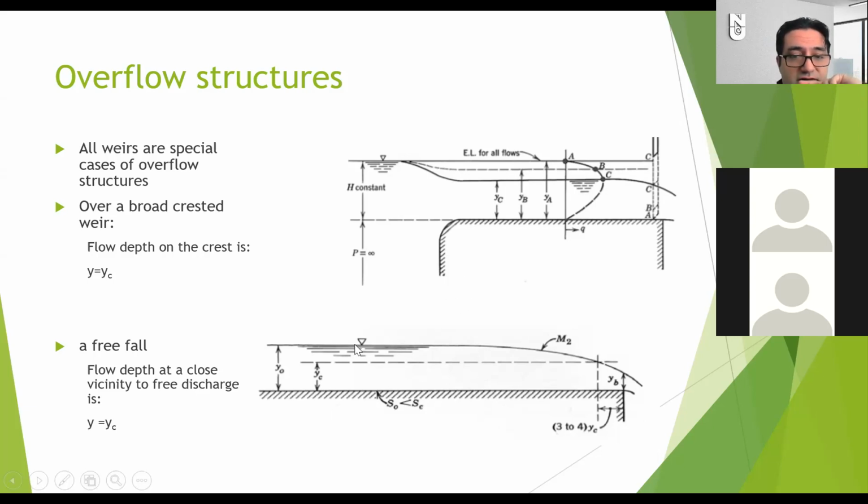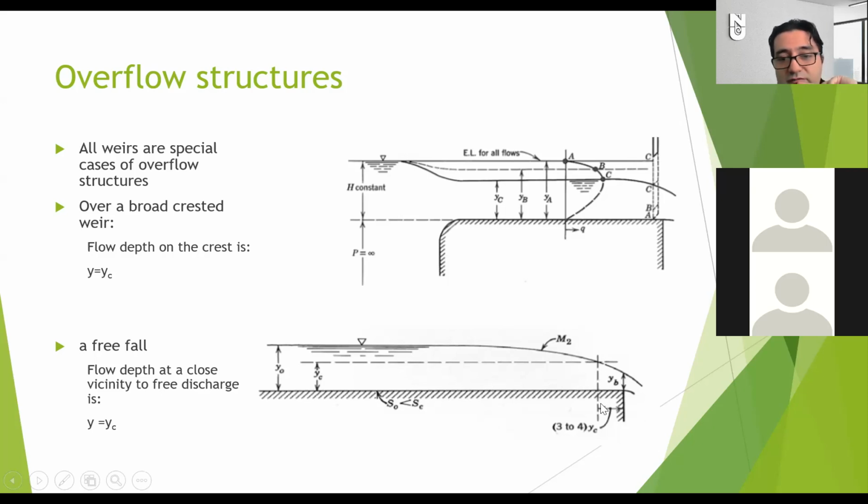And another alternative is the free fall. See that water is flowing over here and experiencing a free fall. So in theory, we will say that in close vicinity to the tipping point or the ending point of the crest or the channel, you should have the critical depth.